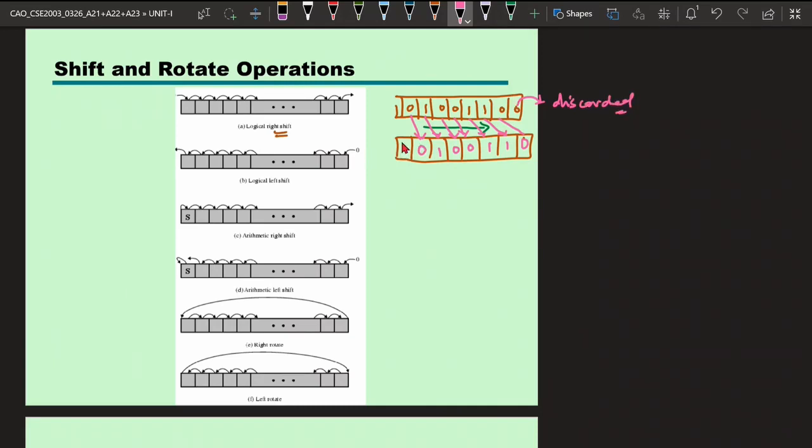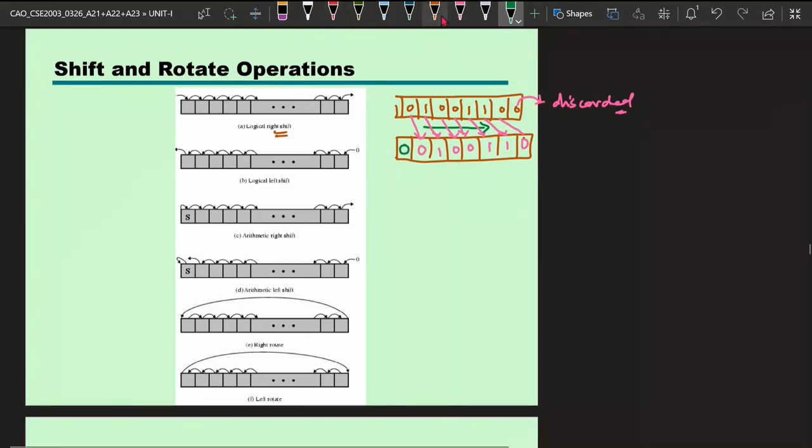And here, one bit will be left because there is no data to be shifted. So here by default we will be putting 0, written with a special color. So it is directly shifting all the data to the right side. The LSB data will be discarded, and in the obtained result, the MSB will be vacant, so we put 0 there.